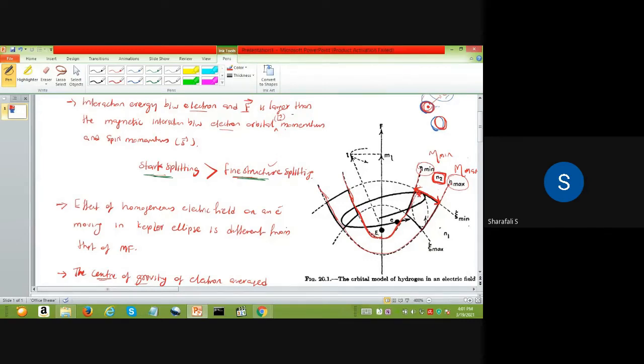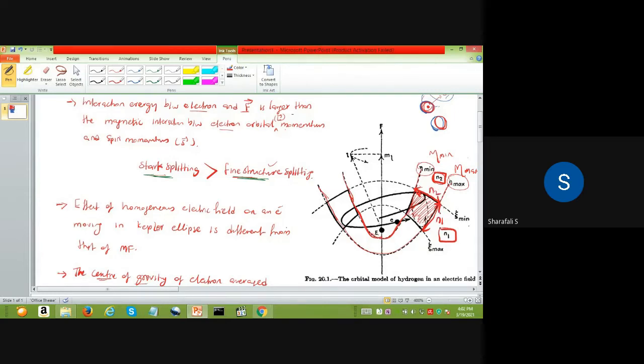So in total, this area where your electron can have different paths will be restricted or controlled by these two quantum numbers n1 and n2. This side is n1, and this side is n2.